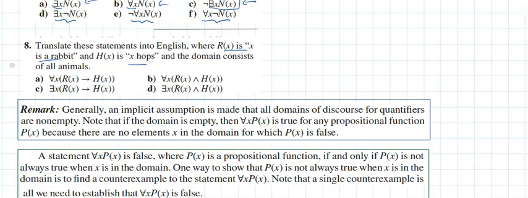Part A says every rabbit hops. Or even better, if an animal is a rabbit, then that animal hops. B. Remember, this is and. Every animal is a rabbit and hops.